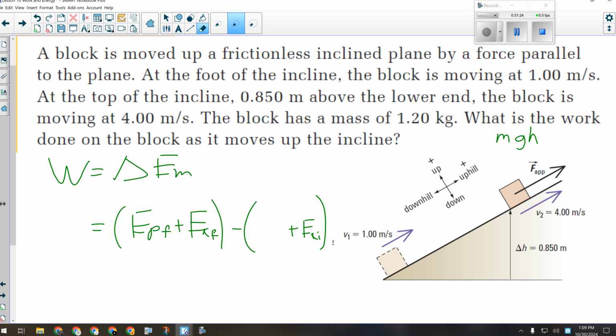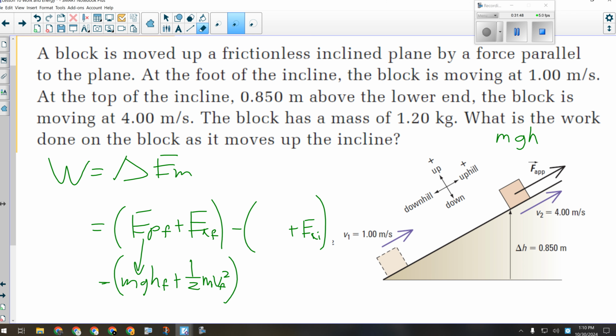So I want to calculate how much work is done. I'm going to put in m times g times h final. That'll calculate my final potential energy. I'm going to add that to my final kinetic energy, so I'll use 1/2 times the mass times the final speed squared.